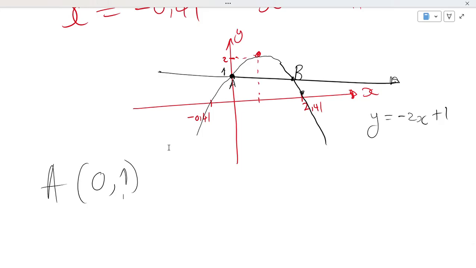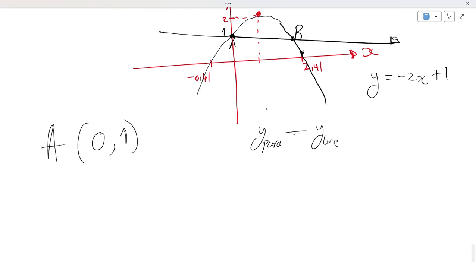What do we know about these two points? These two points are where the two graphs intersect, right? So we know the y for the parabola and the y for the straight line. Sometimes they come in this way.